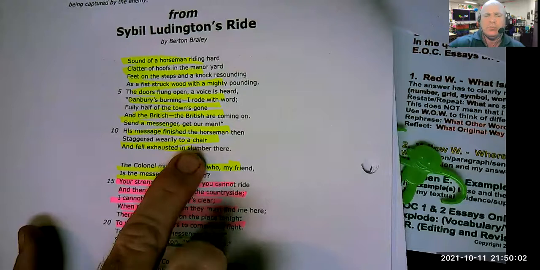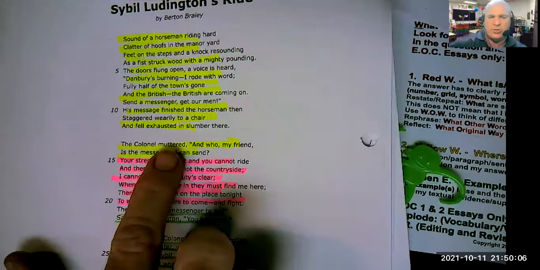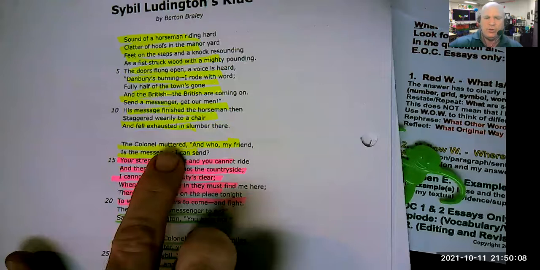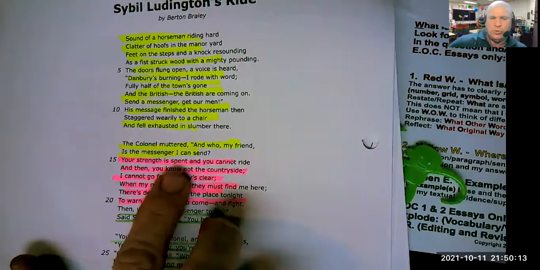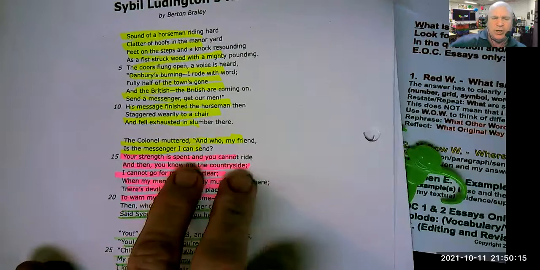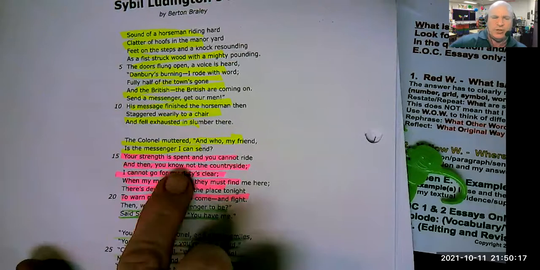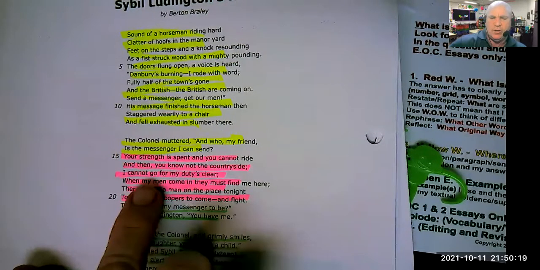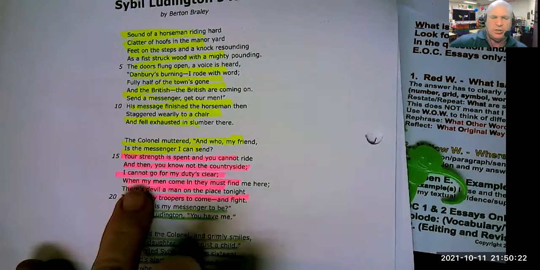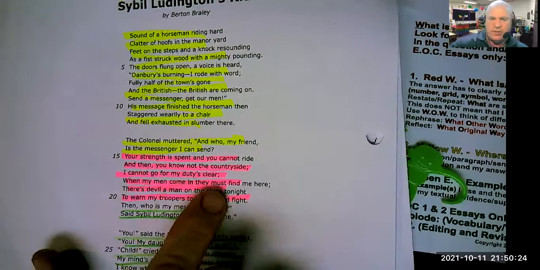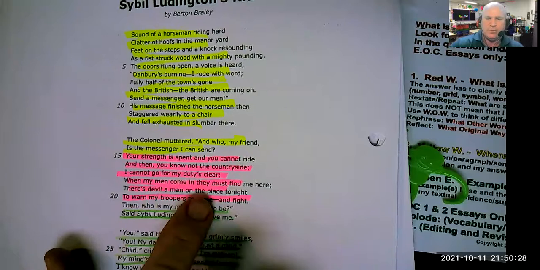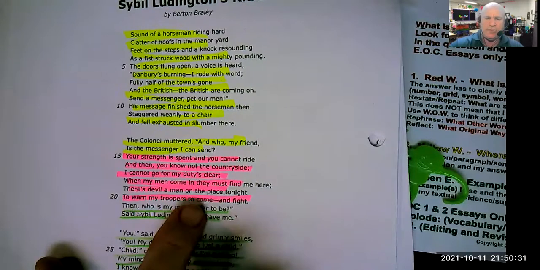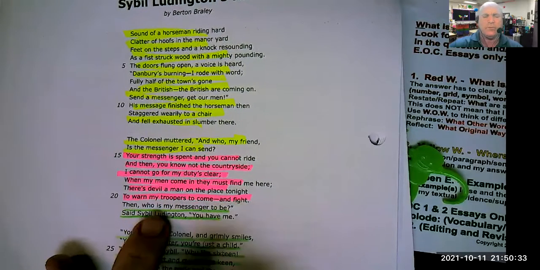The colonel muttered, "And who, my friend, is the messenger I can send? Your strength is spent and you cannot ride. And then you know not the countryside. I cannot go, for my duty's clear. When my men come in, they must find me here. There's devil a man on the place tonight to warn my troopers to come and fight. Then who is my messenger to be?"